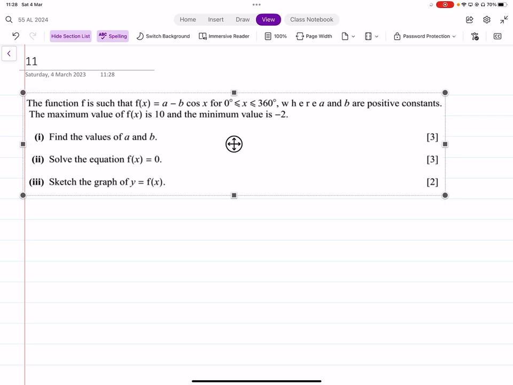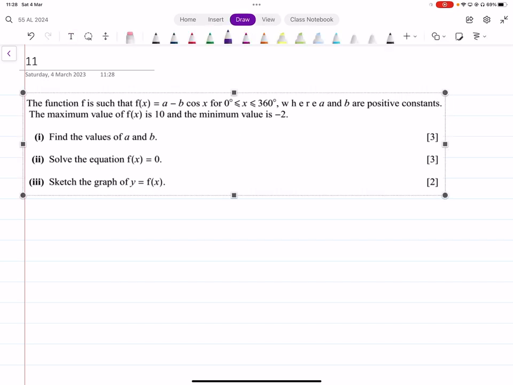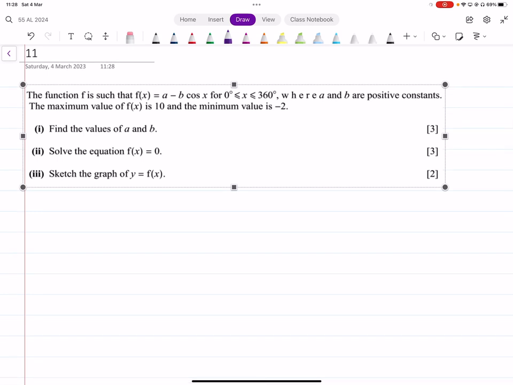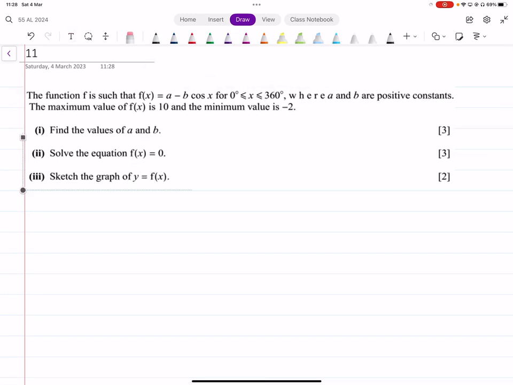All right, this is question number 11 from the worksheet. Let's have a look at this. There is a function f such that f of x equals a minus b cos x for x between 0 and 360, where a and b are positive constants. We are given that the maximum value of f of x is 10 and that the minimum value is minus 2.